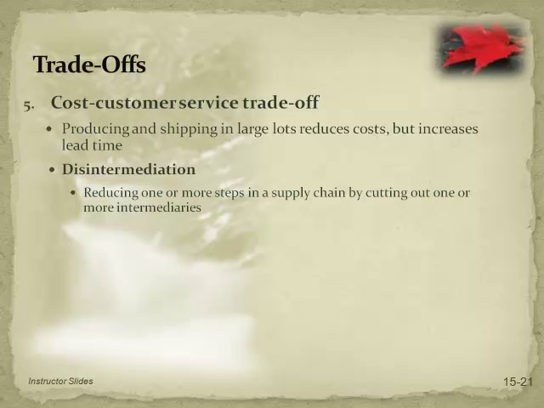So it's possible, if you wanted to buy a product, to go directly to the manufacturer of that product, go to their website and purchase that product through their website. That would be an example of disintermediation, going directly to the customer.